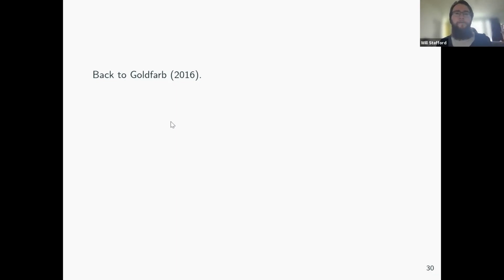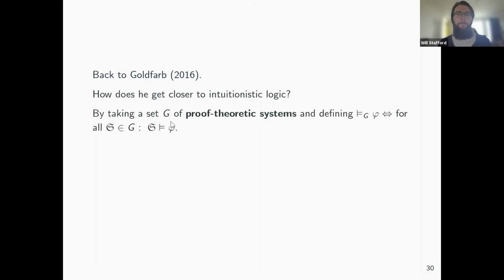And what Goldberg managed to do is get closer to intuitionistic logic than almost any other option on the market, as it were. Still needs schematic closure, but that's still good compared to the systems that contain Kreisel-Putnam logic. So how did he get so close to intuitionistic logic? Well, he doesn't put it this way, but we can see it as follows.